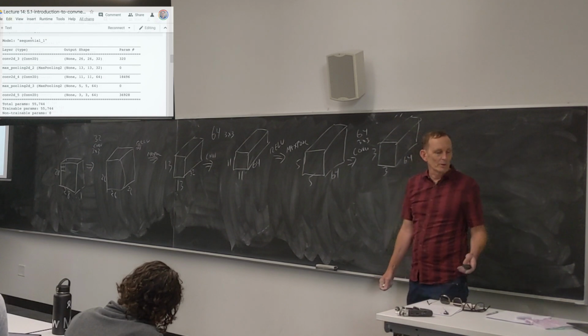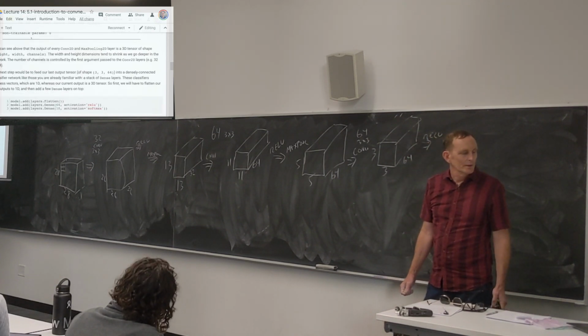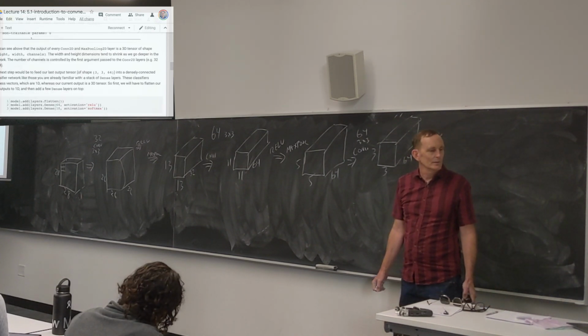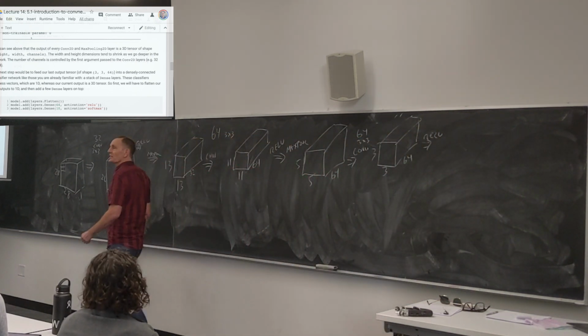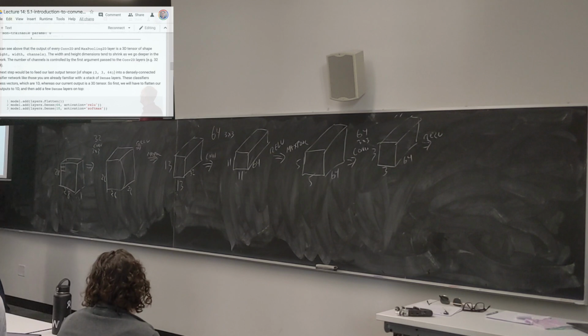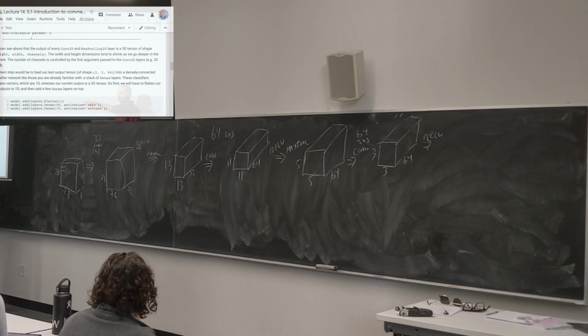And what we're going to do is feed them into a fully connected layer. Okay? So flatten basically takes this 3 by 3 by 64 and turns it into a flat 500 and odd, whatever.